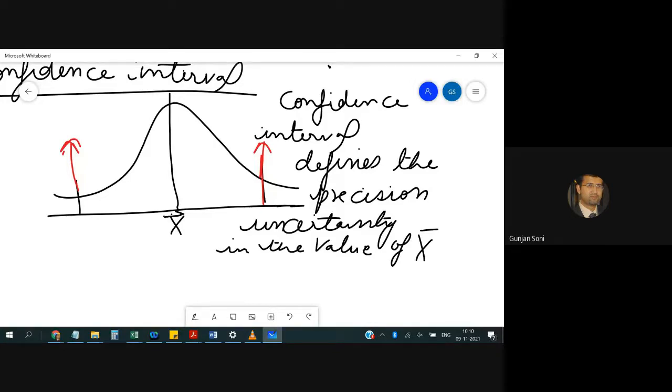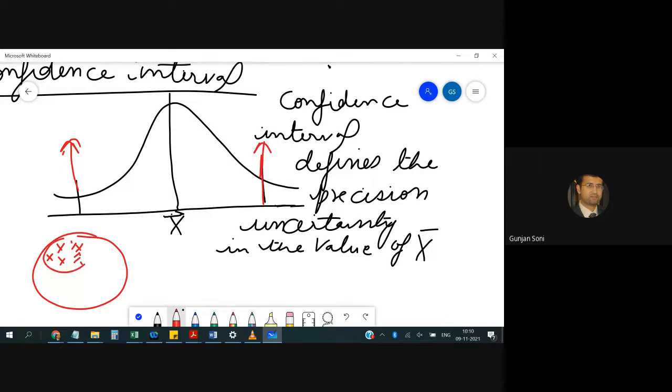Precision uncertainty means, let's say, my values are here. So what will be the spread of these values? Getting it?